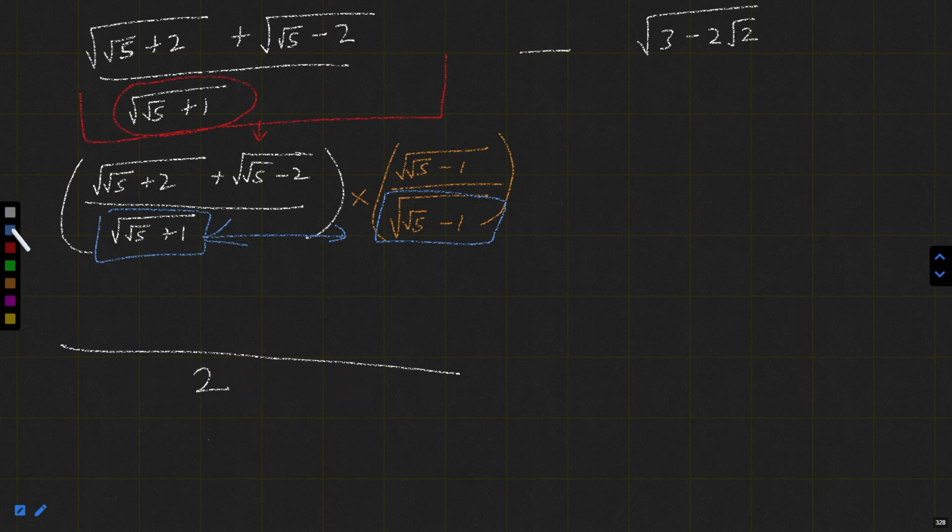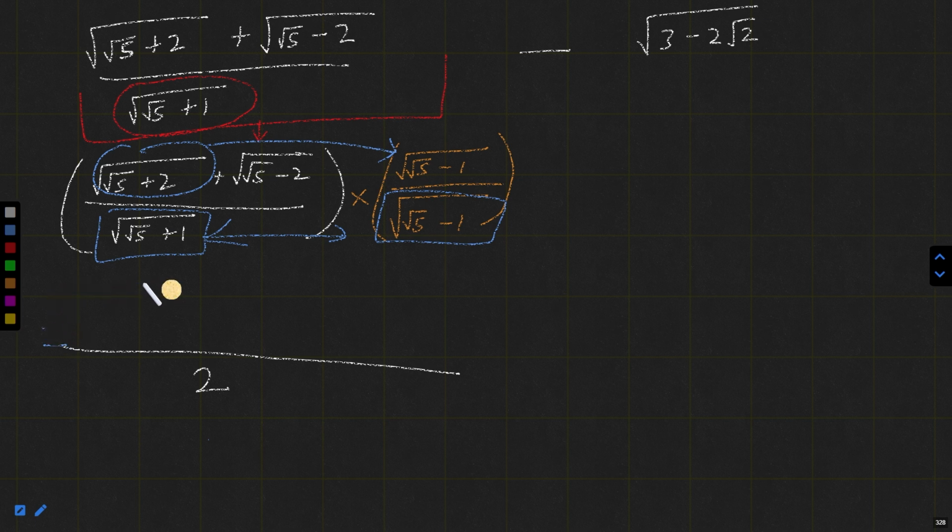Now let's come to the numerator part. First we multiply this thing to this. I am just using various rules I have already stated: the radicands are going to get multiplied.